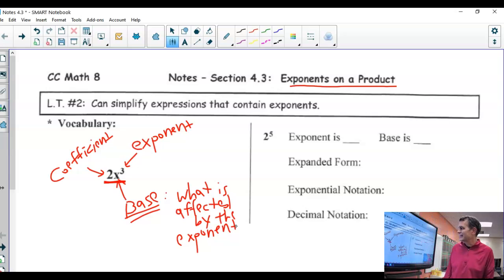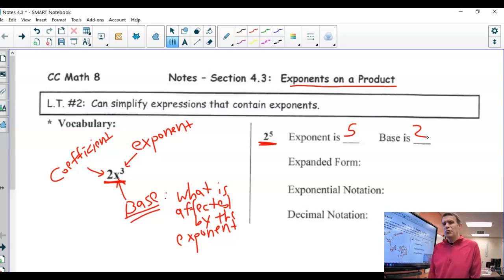In this case, the exponent is on the x. I have an example over here that does not have a variable: 2 to the 5th power. The exponent is the 5, and the base is the 2. There is no coefficient, because a coefficient is only on a variable term.